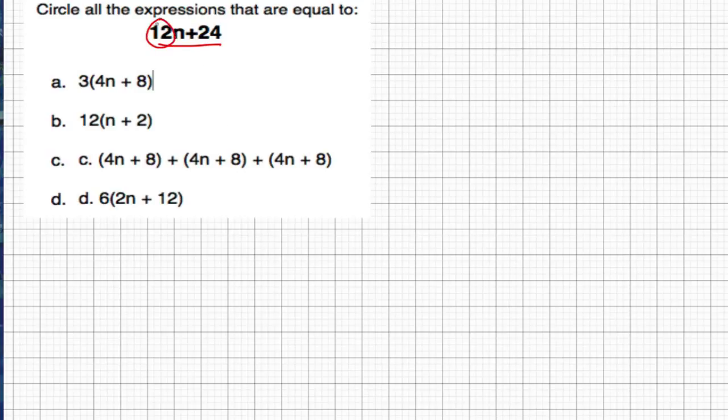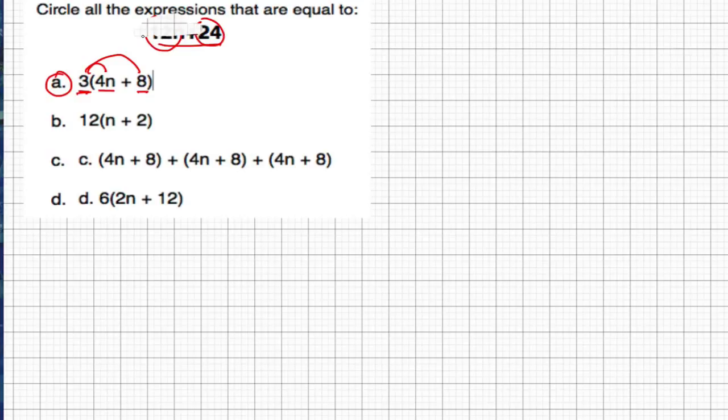We can look at the 12 and the 24, and we can divide them both up. For example, I could divide them into 3 groups of 4 and 8. And we can check it by doing the distributive property. If I had 3 groups of 4n, that would be 12n. If I had 3 groups of 8, that would be 24. So this is an equivalent expression.